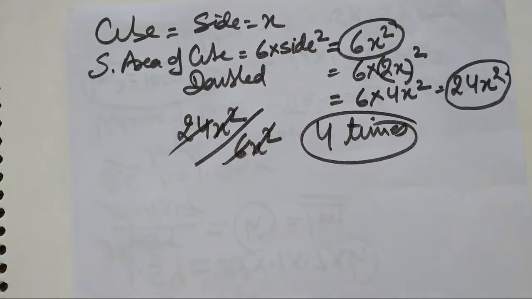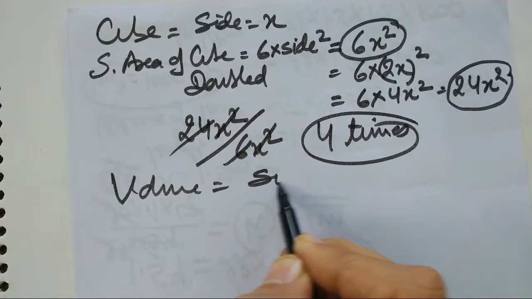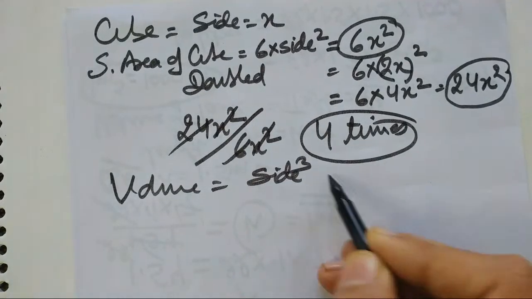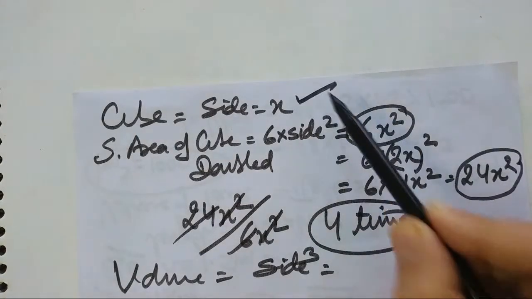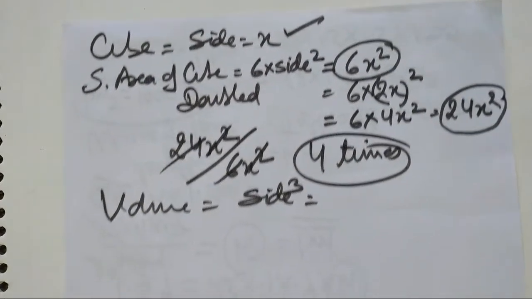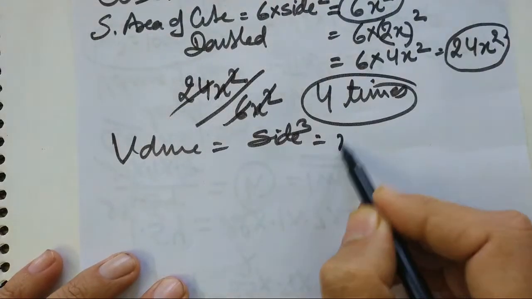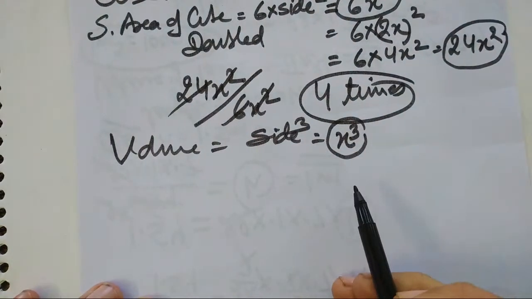If you have to find volume, then the volume will be side cubed. If I use the same measurement x, the surface area was 6 into side squared, and the volume will be x cubed, because it is volume. So volume is in cube.